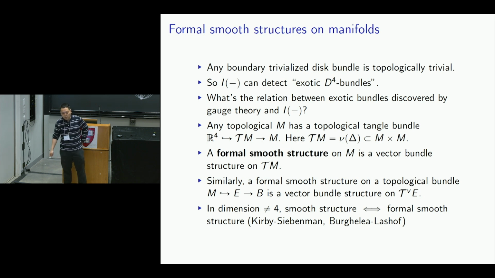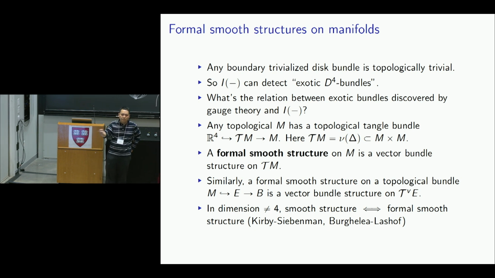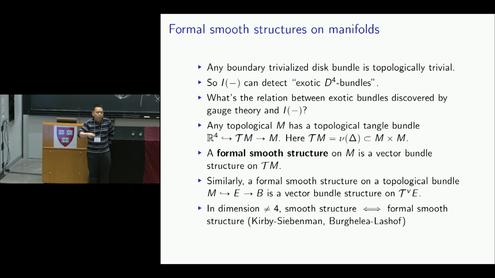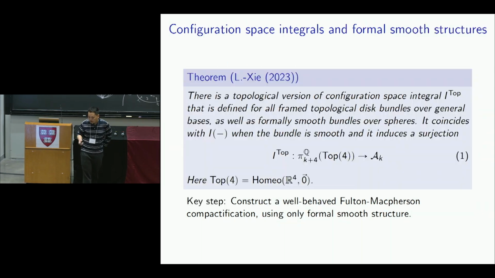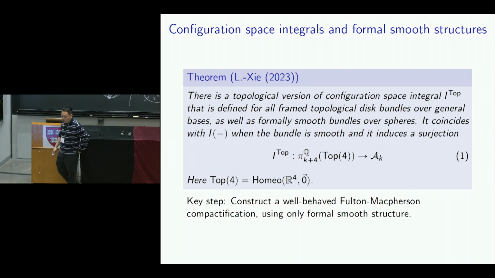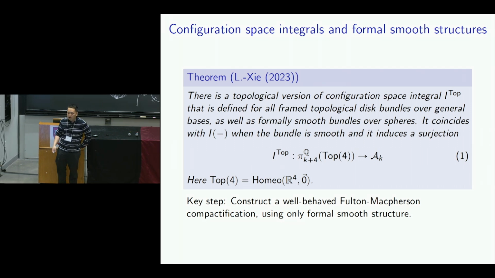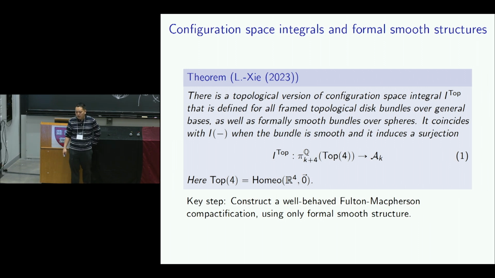However, in dimension 4, this is not quite true. For example, any of those exotic smooth structures on a 4-manifold are all the same as formally smooth manifolds. Okay? And what we proved two years ago is that there is a topological version of the configuration space integral. Let me denote it I top. It can be defined for all framed topological disk bundles over a general base, or formally smooth bundles over spheres.